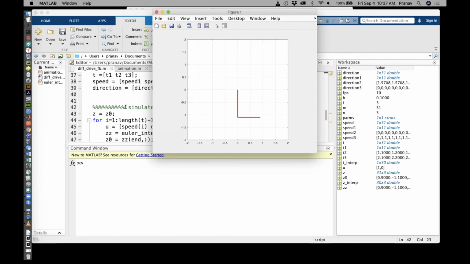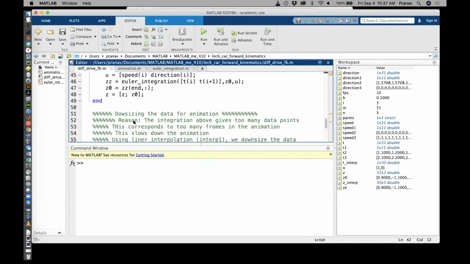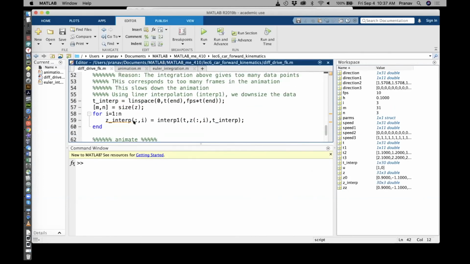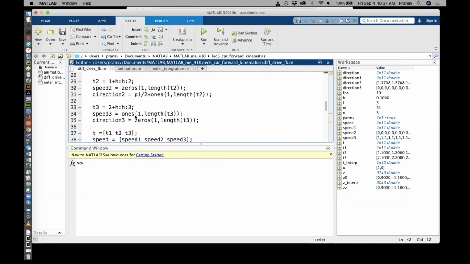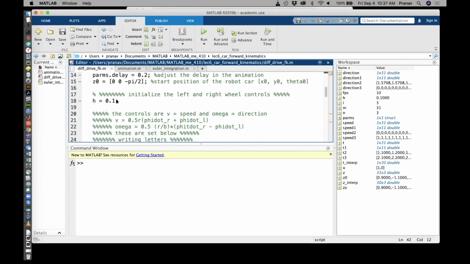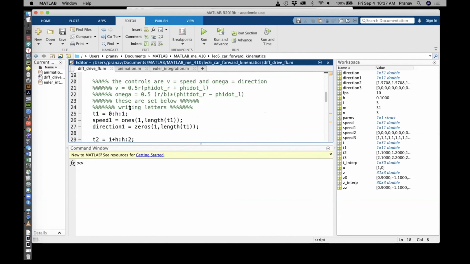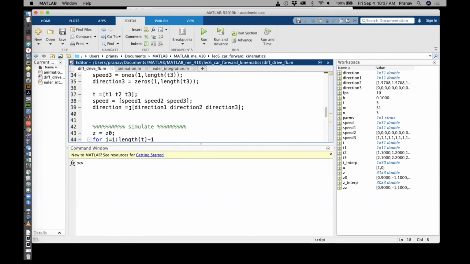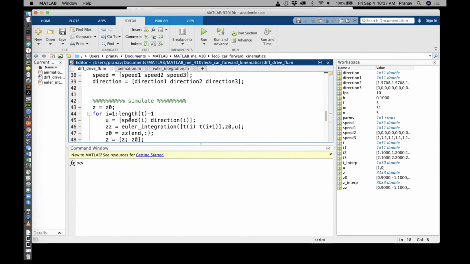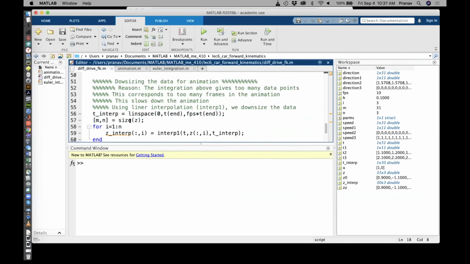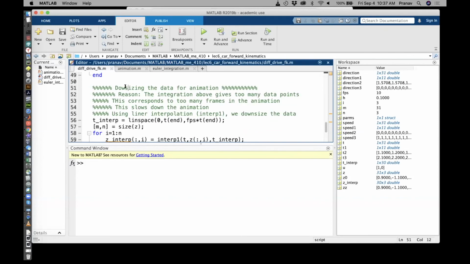There's one more thing I need to tell you about this code, which is when you do this simulation using Euler's method, I need to use a very fine step size to not have numerical issues. I use 0.1. If you actually use that for animation, then the animation will go very slow, because there are too many data points. So what I do here is I actually downsize the data by using this function called interp.